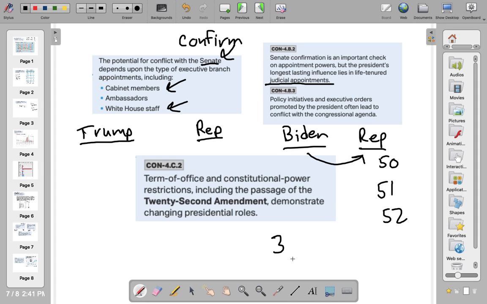And those Supreme Court justices are going to be there until they quit, die, or that's about it. They can't be removed, so it's for life. And so the impact of those 3 Supreme Court justices will be felt long after Trump is not in office anymore. So judicial appointments are important. And besides, it's not just the Supreme Court.